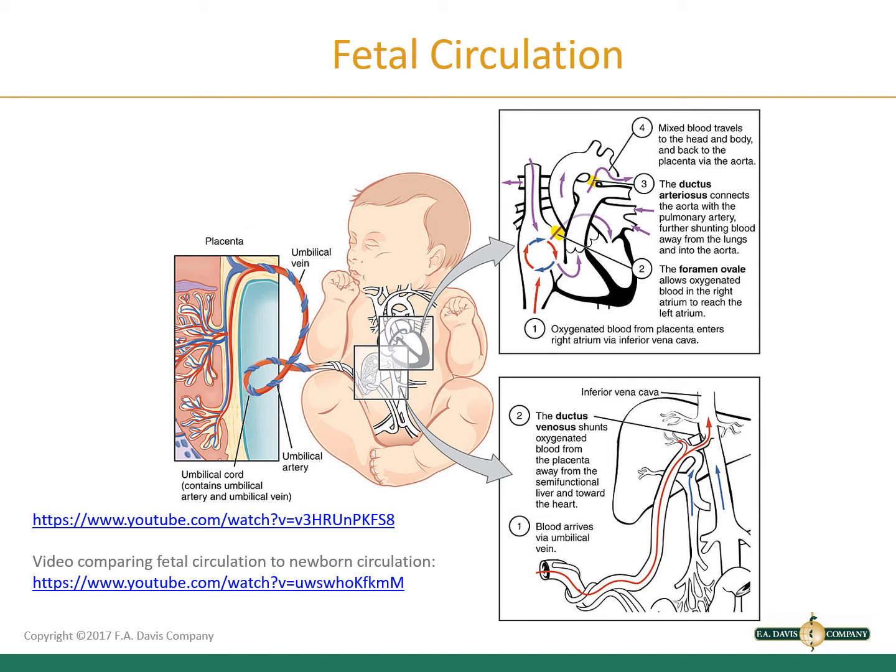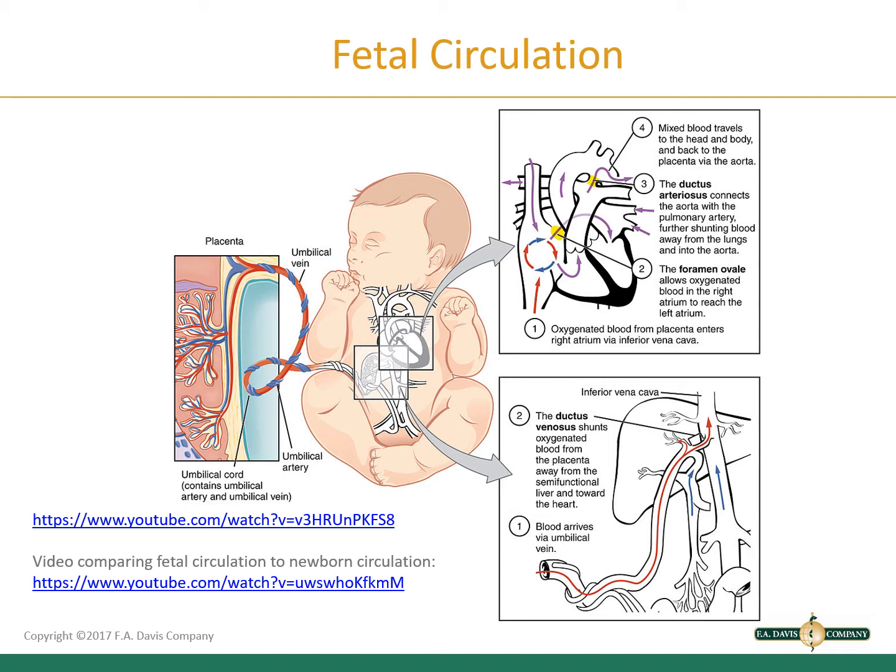But that's not how a fetus gets its oxygen. Fetal lungs are closed off during pregnancy because they're filled with amniotic fluid. Yet the fetus still needs oxygen. This is why there is a detour in place. The mother's oxygenated blood goes to the placenta, and the placenta filters out any blood gases such as oxygen to the fetus.